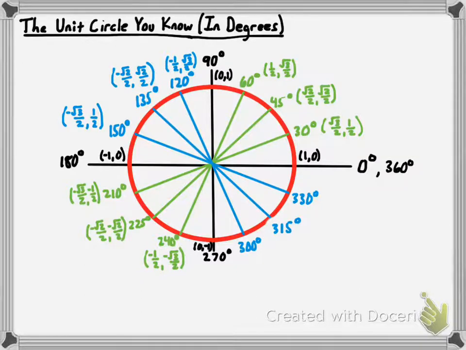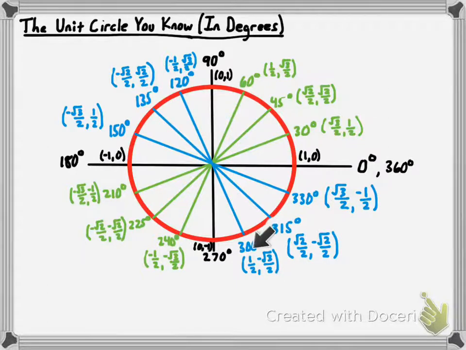Whichever way you look at it, here's what these coordinates end up being. You can see each of them has a positive x-coordinate or positive cosine value, and they each have a negative y-coordinate or negative sine value. And you can use the reflections to understand why each of those values is what it is.